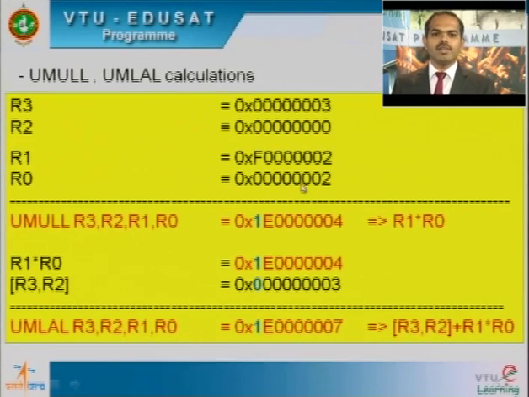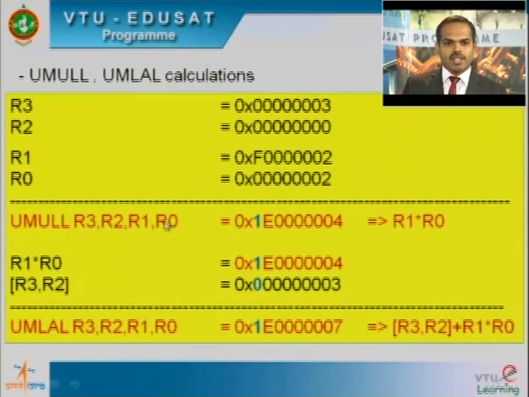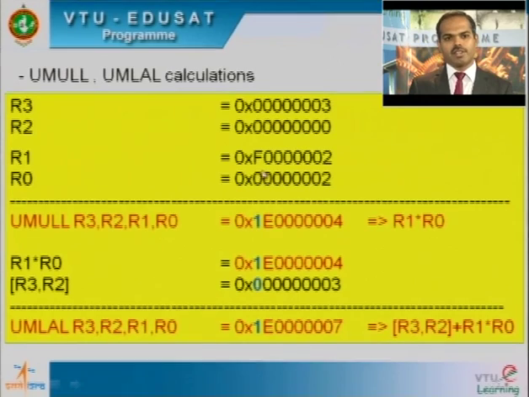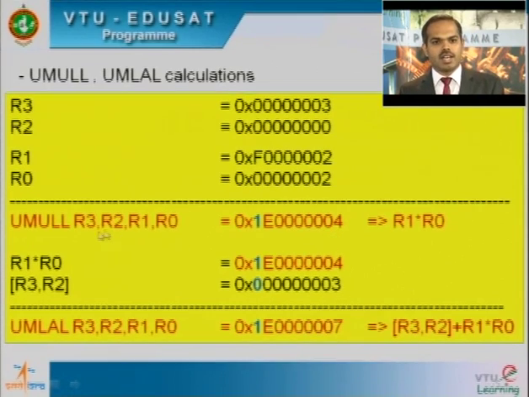If I use the instruction UMULL R3, R2, R1, R0, the content of R0 is multiplied with the content of R1, that is 0xF followed by 6 zeros and 2, multiplied by 2. The result is more than 32 bits. Hence, we require 2 registers to hold the result. Those registers are R3 and R2.